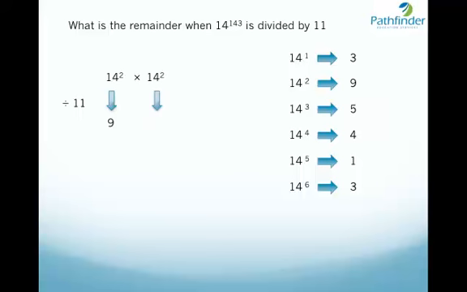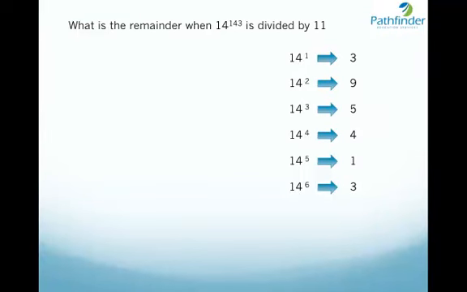What is the remainder when the next 14 square is divided by 11? Again, the remainder is 9. What is the final remainder? 9 into 9 is 81. 81 divided by 11 again gives a remainder of 4.